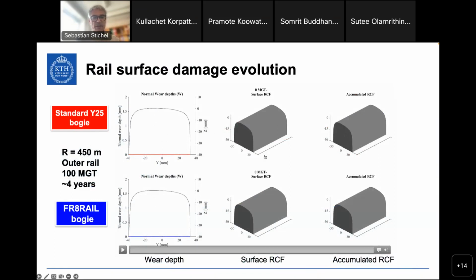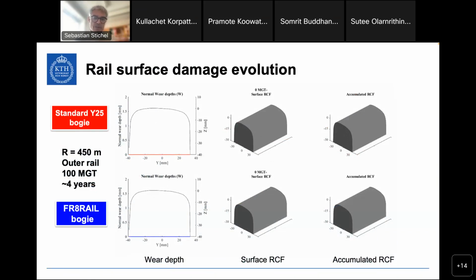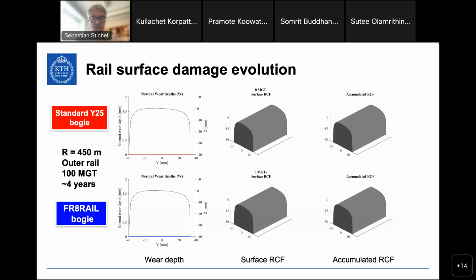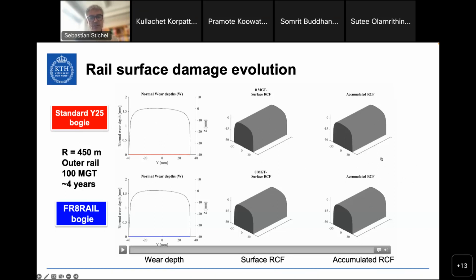Here you can see how the crack growth develops, and here you will see after each grinding we have assumed in this calculation that the cracks are totally removed. So after each grinding you start with zero cracks, and here on the right hand side you will see how the cracks would grow if you would not remove them by grinding.